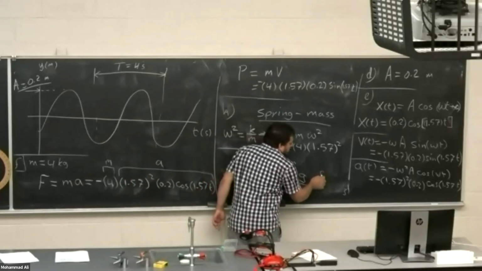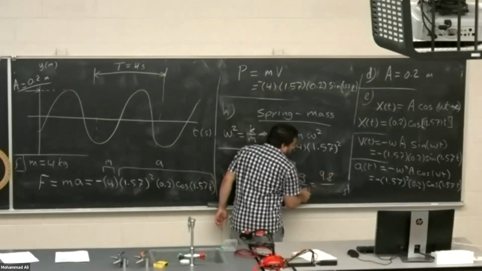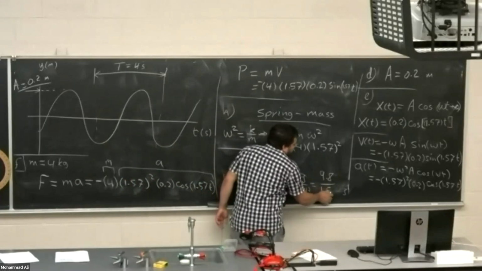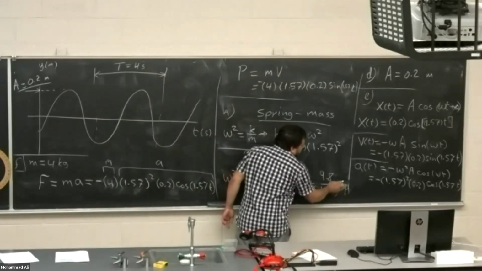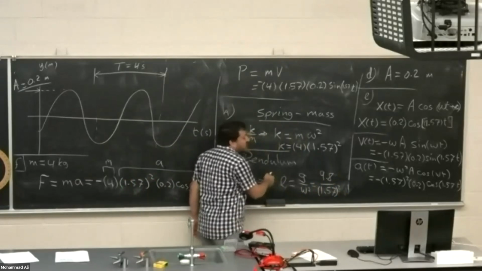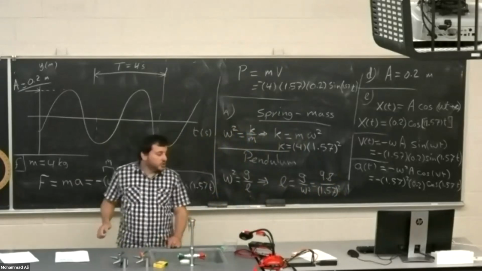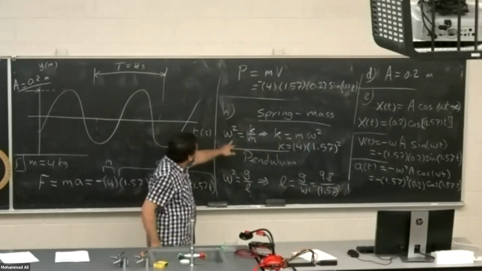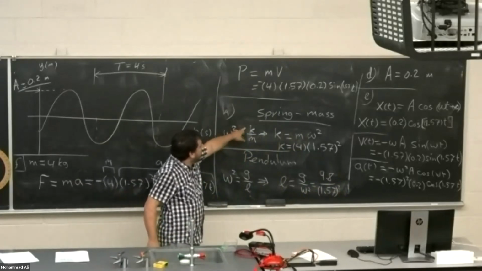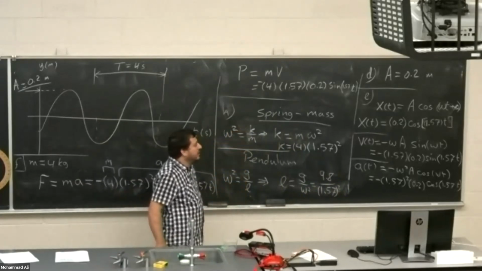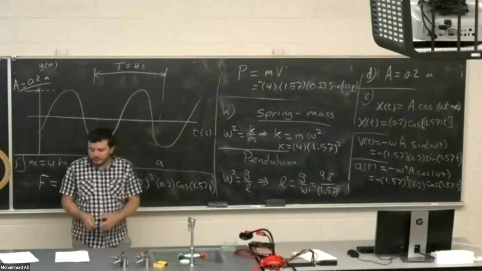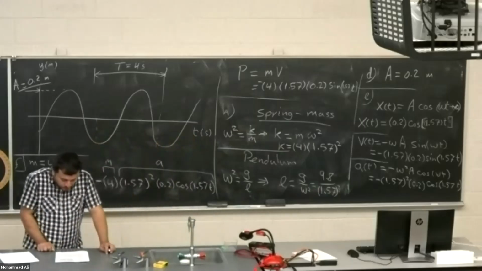It is 9.8 over omega squared, which is 1.57 squared. So this is the length of the string. So we have two relations, which are omega squared equals K over M, and omega squared equals G over L. Any question about this?